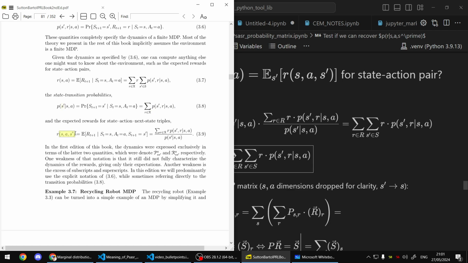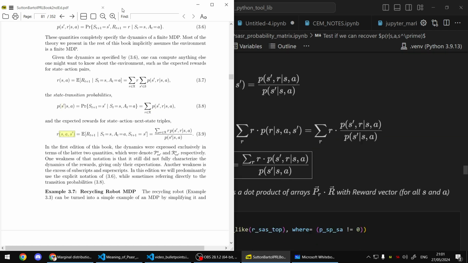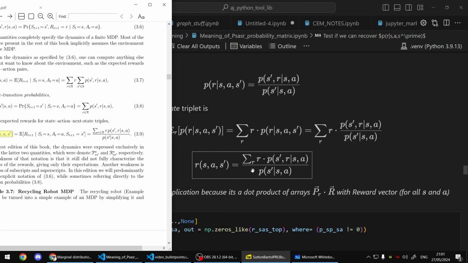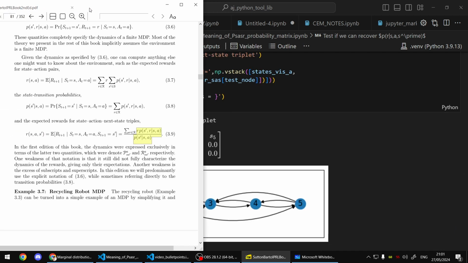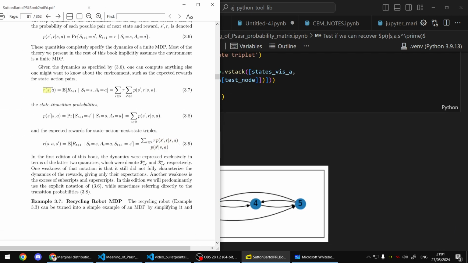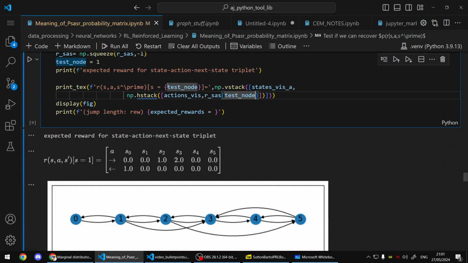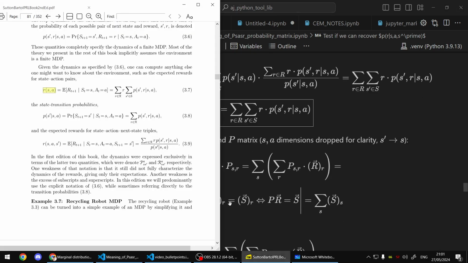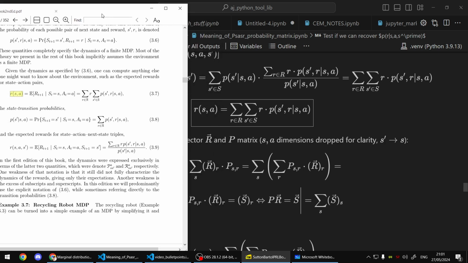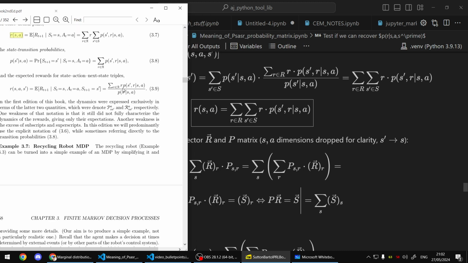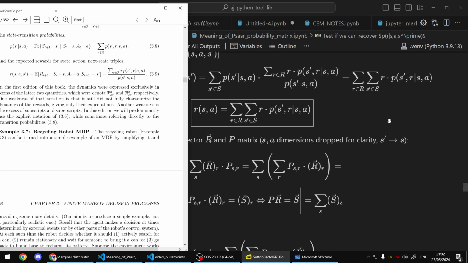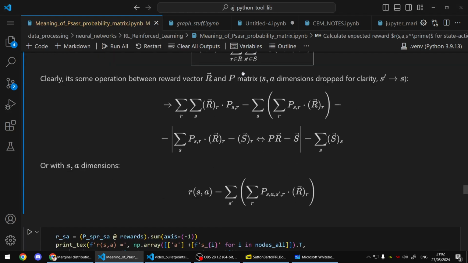This triplet is calculated exactly the same. And now the instantaneous value of taking action A from S is also the same. So it proves the point that we are moving in the proper direction.